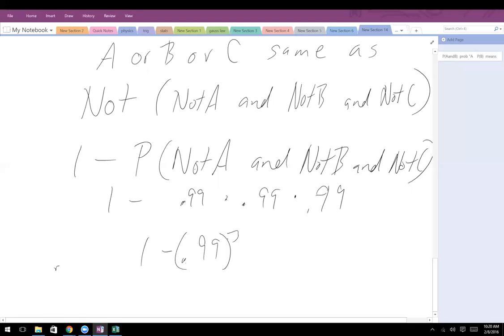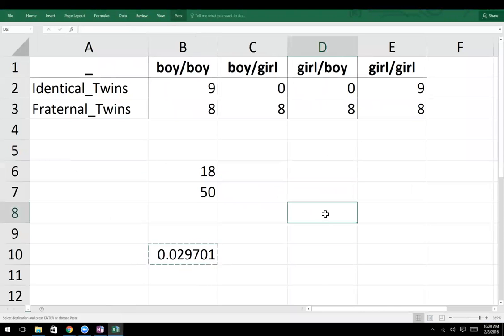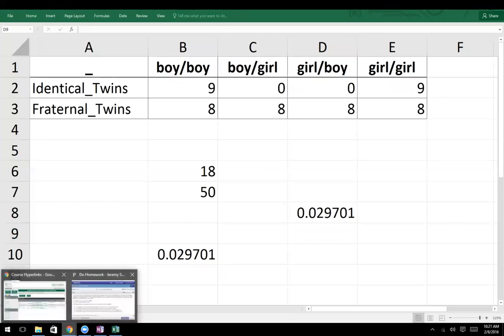So the probability at least one of them tests positive is 1 minus that. Right? So if I go back to Excel, let's just check, make sure this really does work. 1 minus 0.99 cubed. Sure enough, we got the same thing. So that's a little bit easier, but I kind of wanted you to see both.